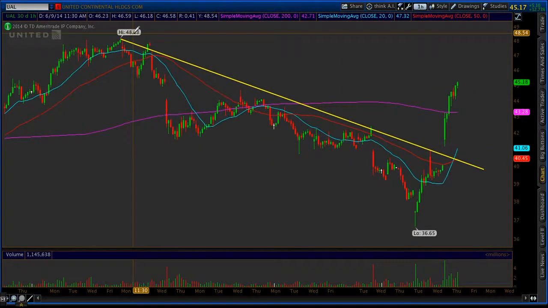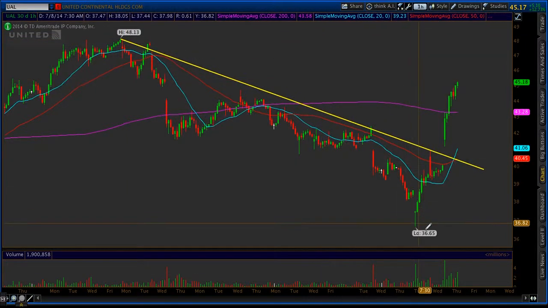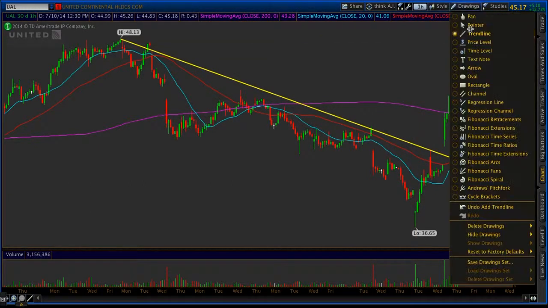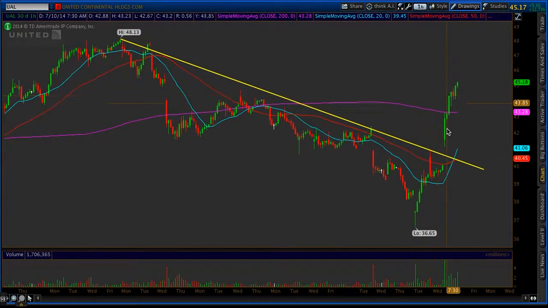The high of 48.13 was made on June 6th of this year, and the low of 36.65 was made on July 8th. All right. So you see that downtrending line that has broken today, big gap up and follow through.